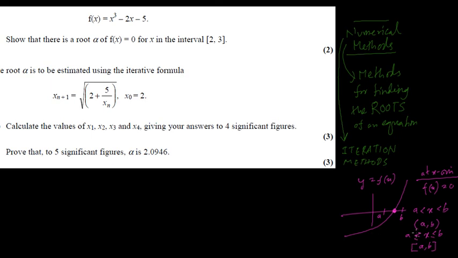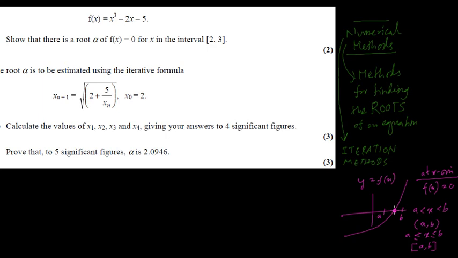And one thing I must mention is, if you notice carefully, the root will only be between here if at one value the picture is below and at another value the picture is above. Meaning, if here f(x) has a negative value, and here the y coordinate has a positive value, so here negative, here positive, it means it is going from below the x-axis to above the x-axis, meaning it is actually cutting.